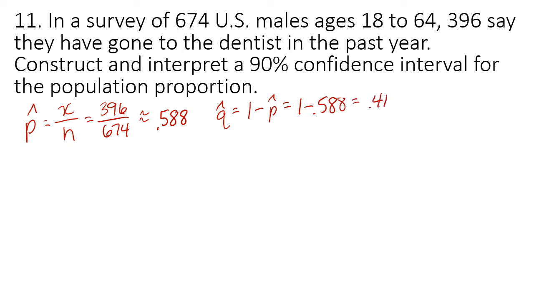which is 0.412. So to get our margin of error, we're back to using the normal distribution because remember last chapter we did something where we showed that the binomial could be approximated using the normal distribution. That's where this is coming from. And so you take that value and you multiply it times the square root of p-hat q-hat over n.